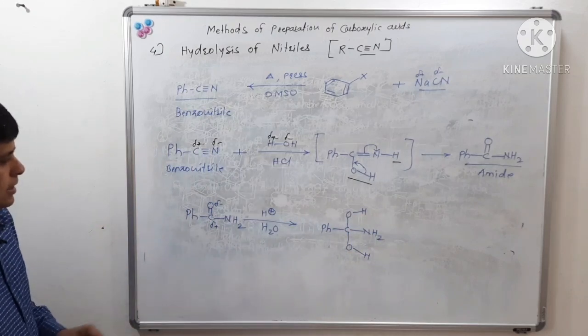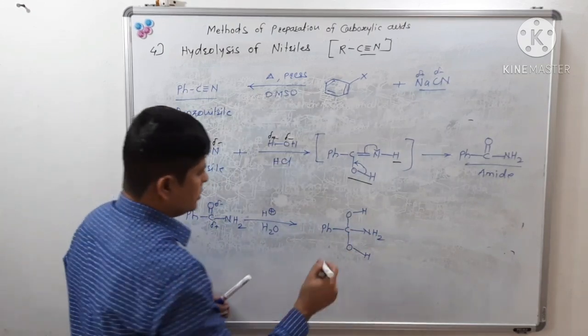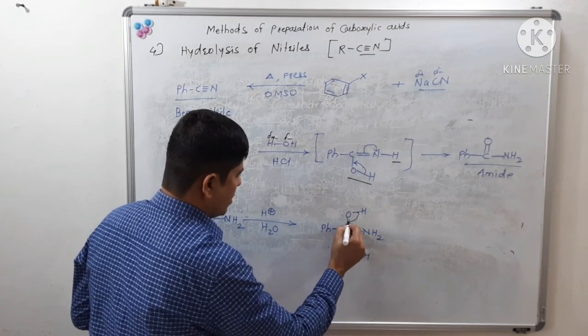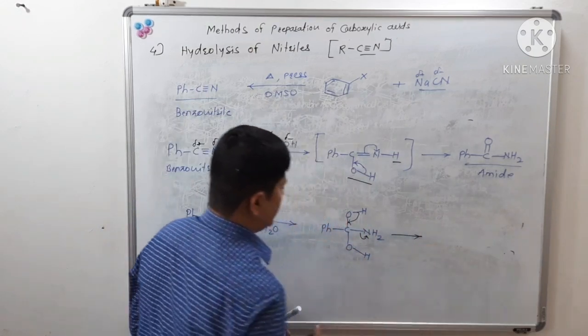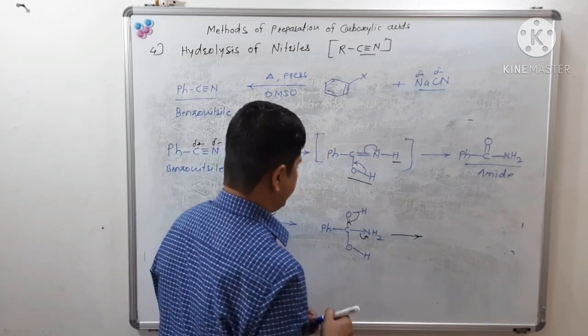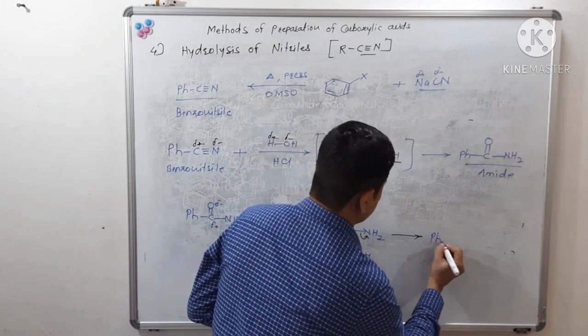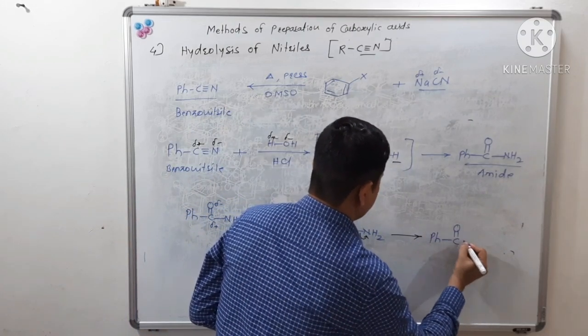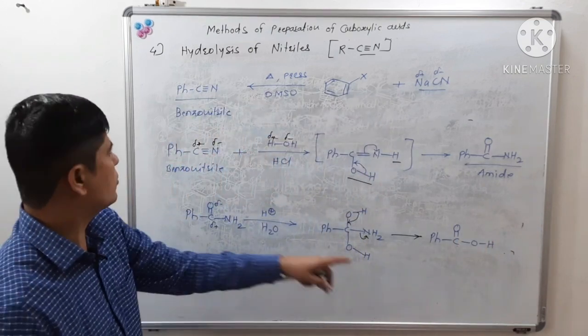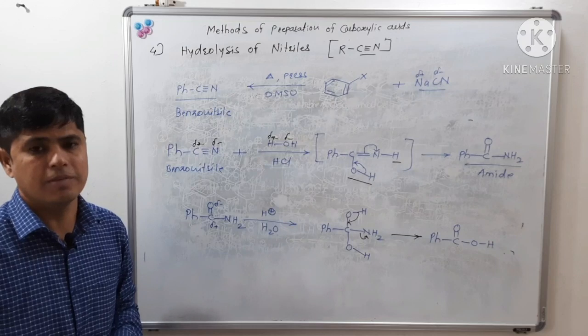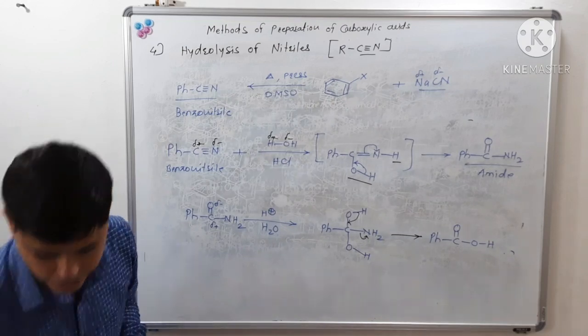Now it will undergo loss of an ammonia molecule, and there will be formation of the product benzoic acid. So we can prepare benzoic acid from benzonitrile.